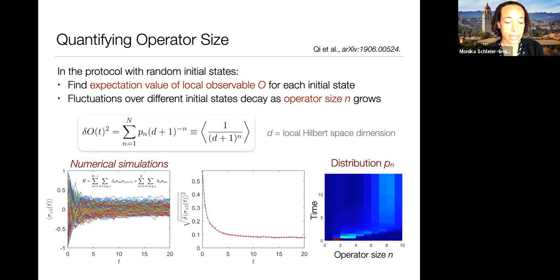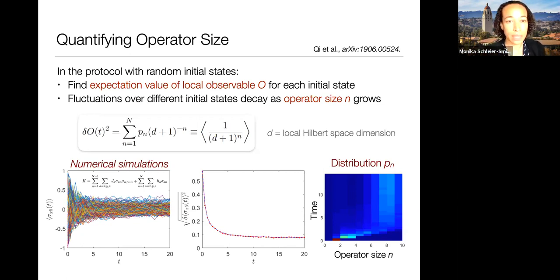The basic idea is that if you consider a single initial state, and I have a system that is not chaotic, then as a function of time, if I measure some observable like sigma x on a particular site and measure the expectation value of that observable, the fluctuations from one initial state to another will be large.